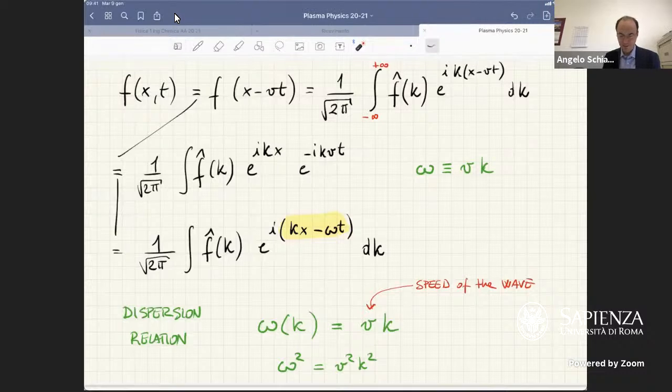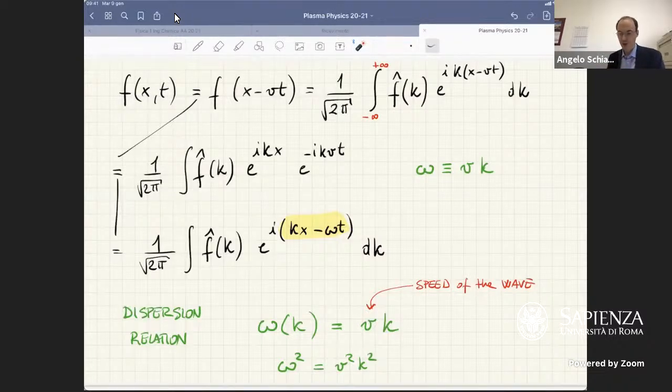So here we actually have a complex valued amplitude, and as you know, the modulus of f hat is the actual amplitude of the wave, and the azimuthal angle in the complex plane tells us the phase of the wave. The different components of the wave can have different amplitudes and different phase relative to each other.